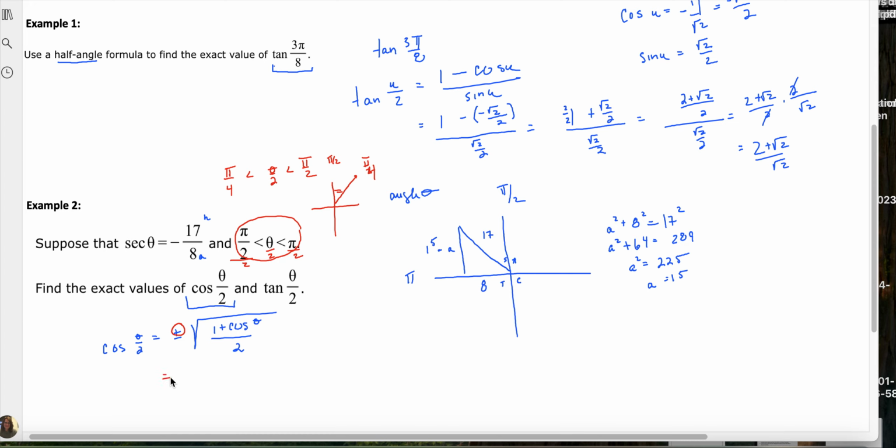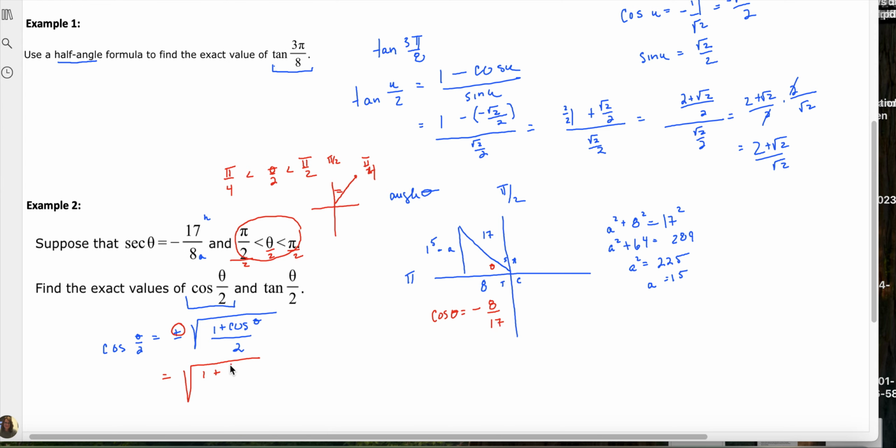So let's see, what else do we need? So we know that this is going to be positive, the square root of 1 plus, so what is cosine of theta? So that's when I go back to this, because remember this is for angle theta. So cosine theta is negative in quadrant 2. And it would be adjacent over hypotenuse. So that's 8 over 17.